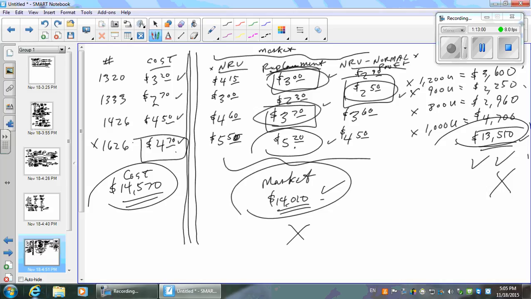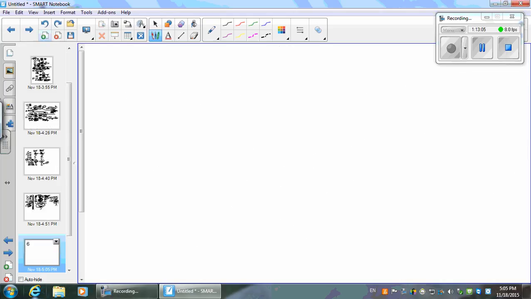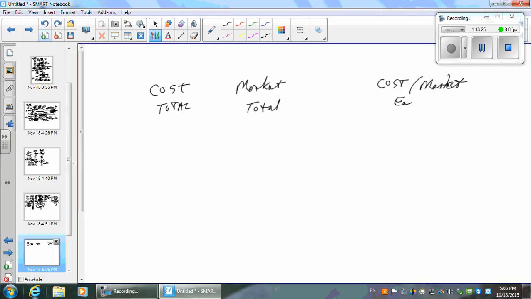The way you could think about it is, I've got cost, total, market, total, and over here I have cost or market on each item.